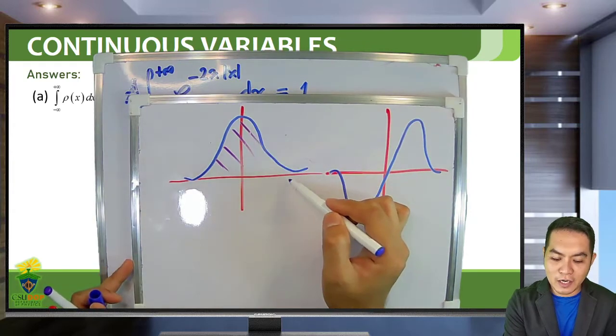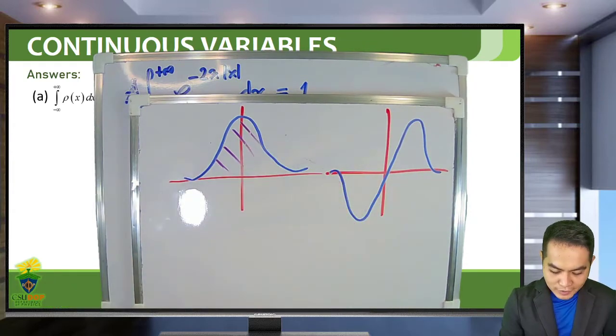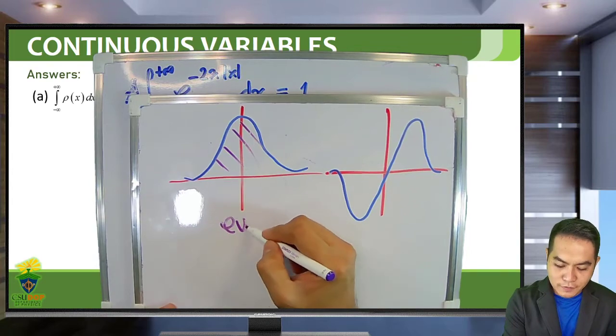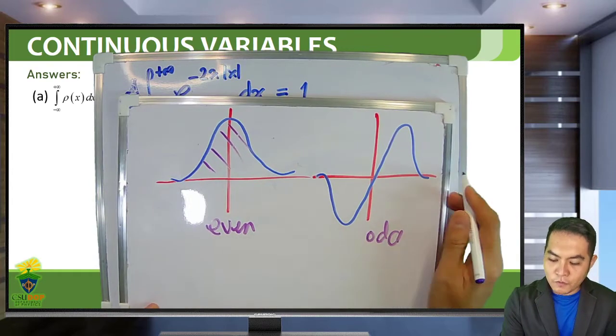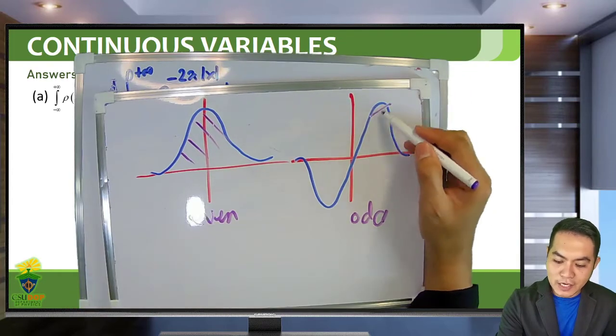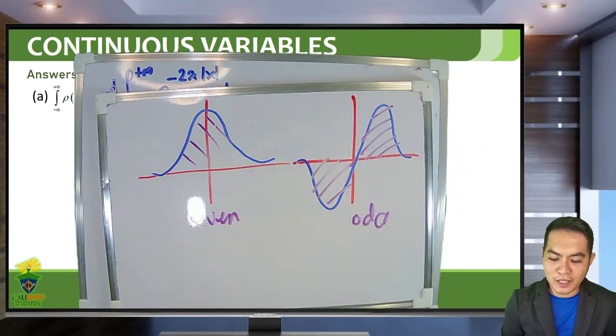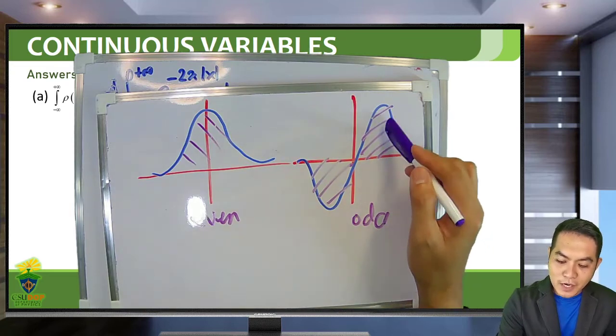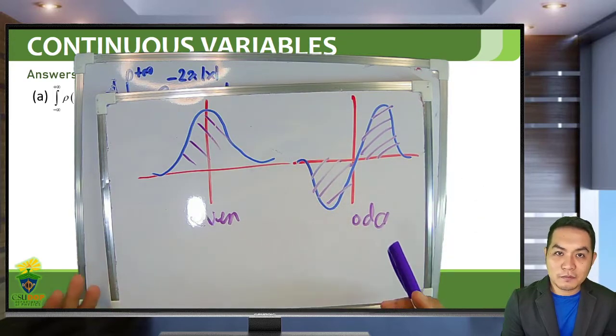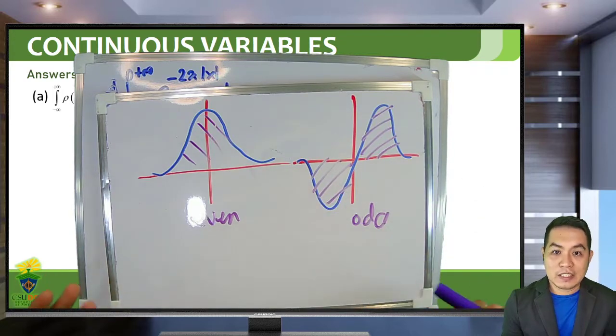For odd functions, you will notice that they are anti-symmetric. The area here is positive, while the area here gives you a negative value. So positive area plus negative area, you will get 0.